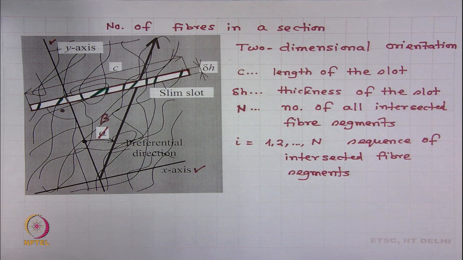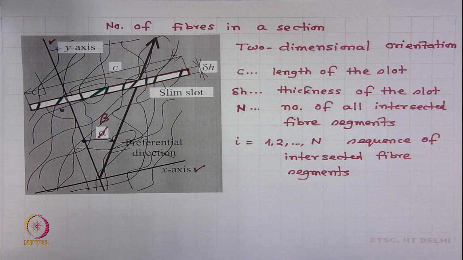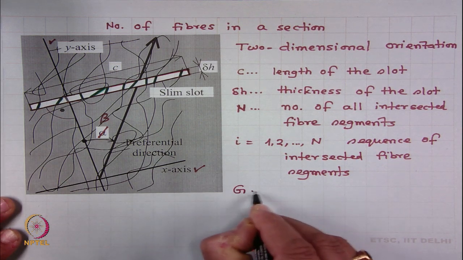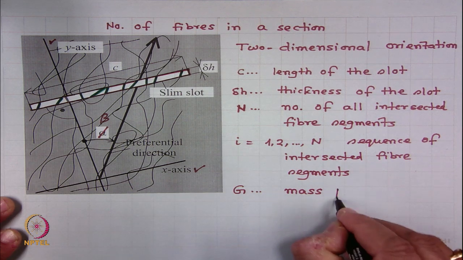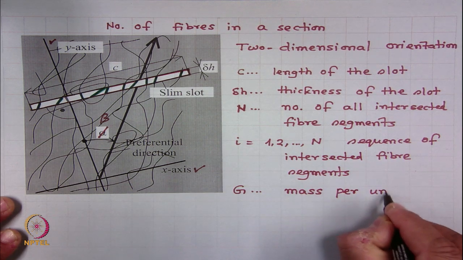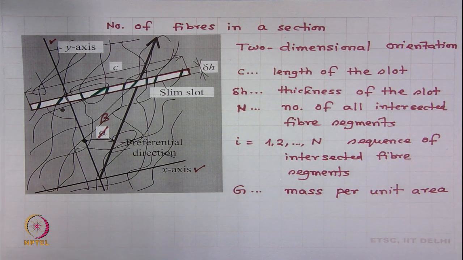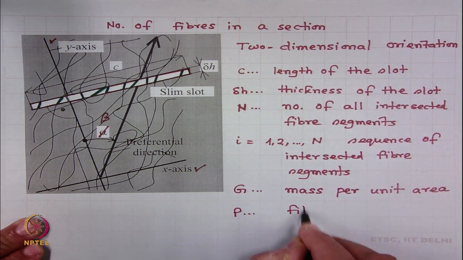Now, this fibrous assembly has a mass, weight. Let us consider G, capital G, as the mass per unit area of the fibrous material. Also, we discussed rho, fiber density, in module 1.